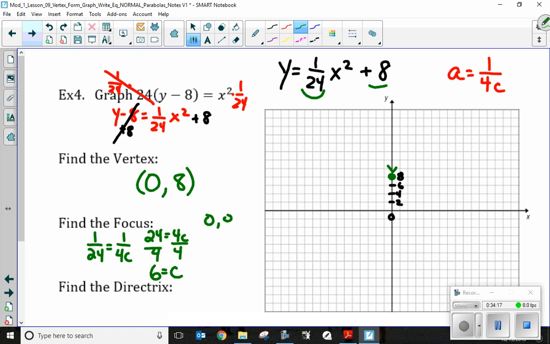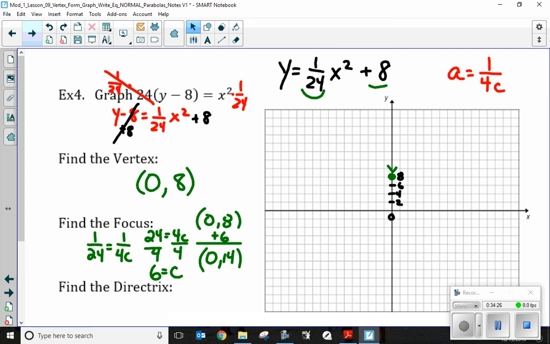So if my vertex is 0, 8, I add 6 to go up to 0, 14. That, my friends, is where my focus is. So here's 10, 12, 14. So right here is a dot. That's the focus. I know this parabola opens up because the focus should be in the cup part.